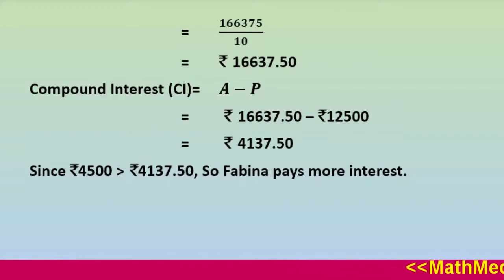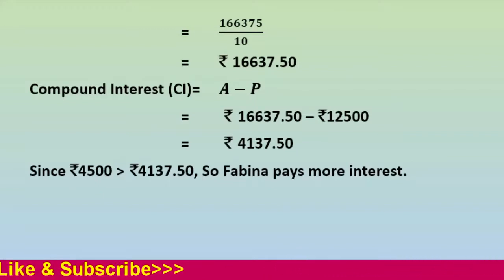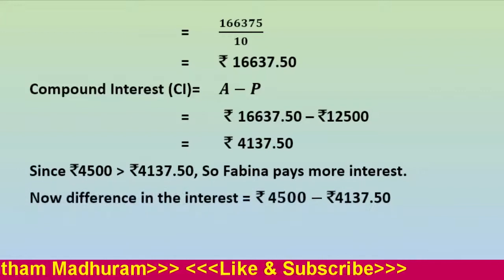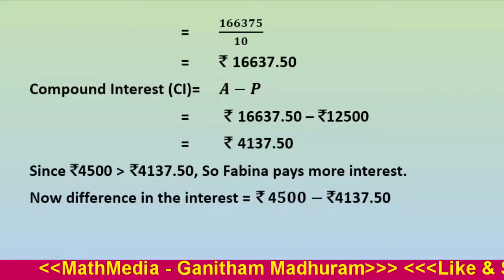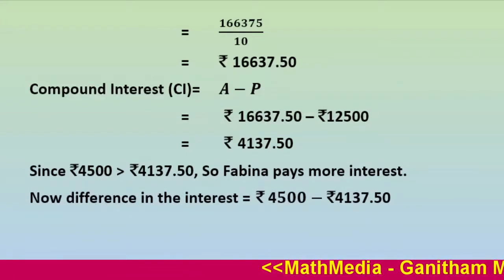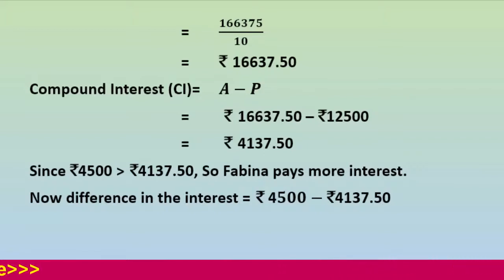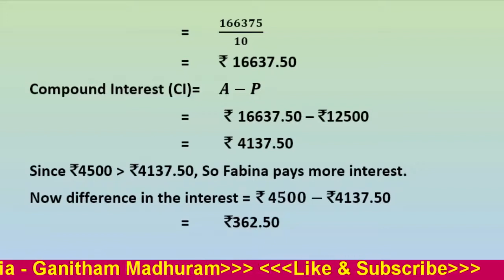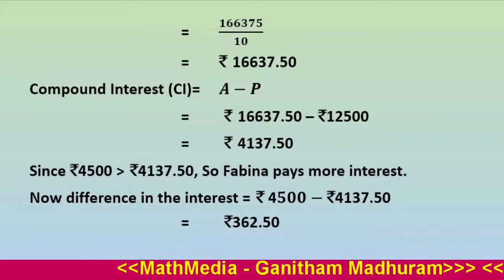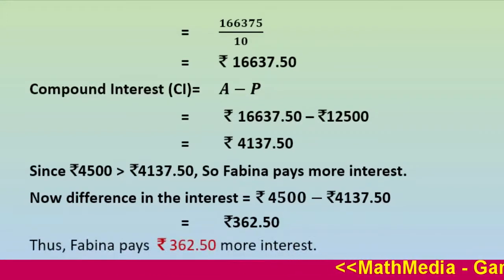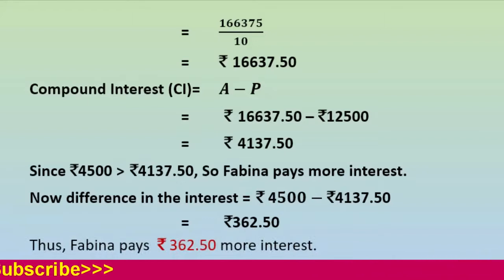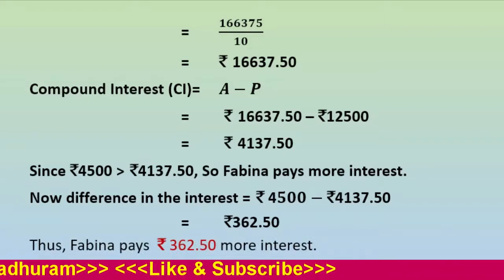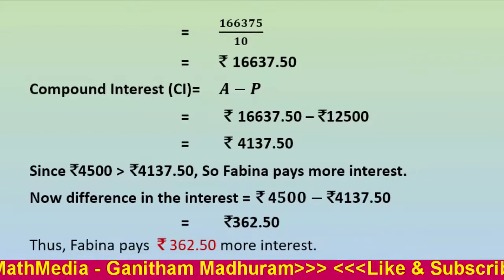So for that we have to find the difference in the interest. So 4,500 minus rupees 4,137.50 gives rupees 362.50. Hence, Fabina pays rupees 362.50 more as the interest.